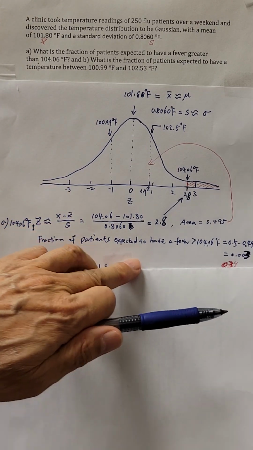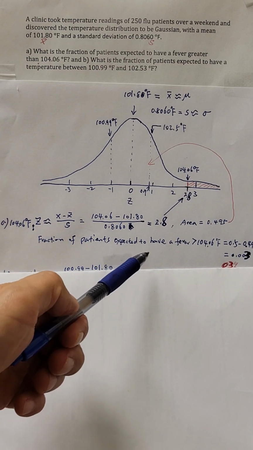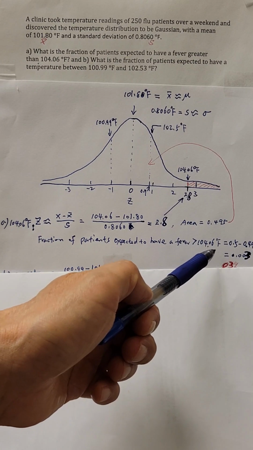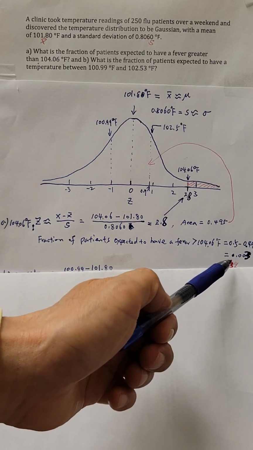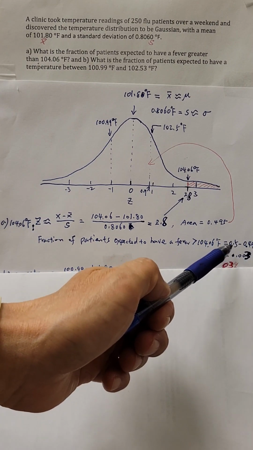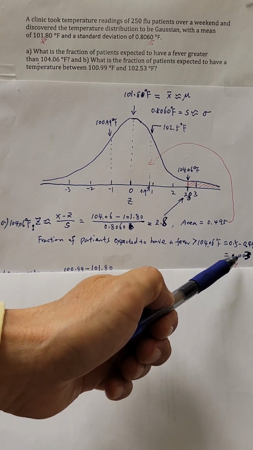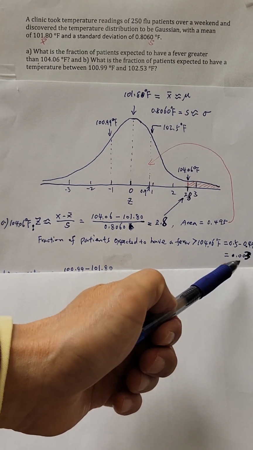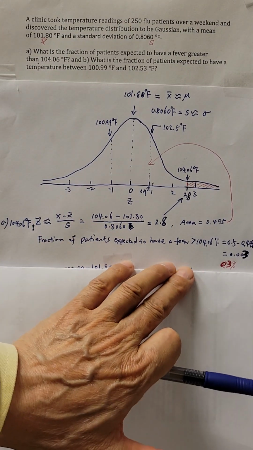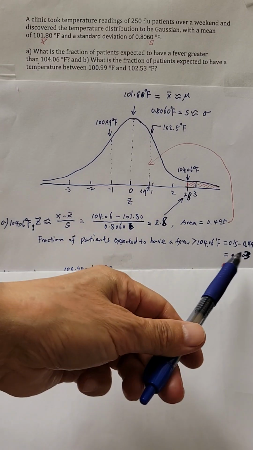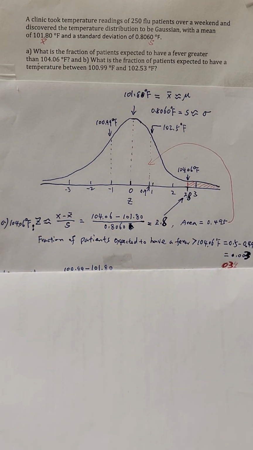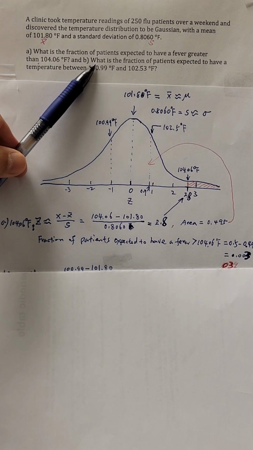Therefore, the fraction of patients expected to have a fever greater than 104.06 degrees Fahrenheit is 0.003. And that is actually 0.3%. It came from the subtraction, the difference between the two, 0.003. That's question A.